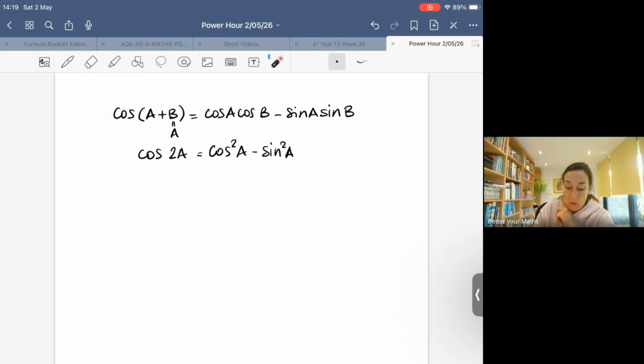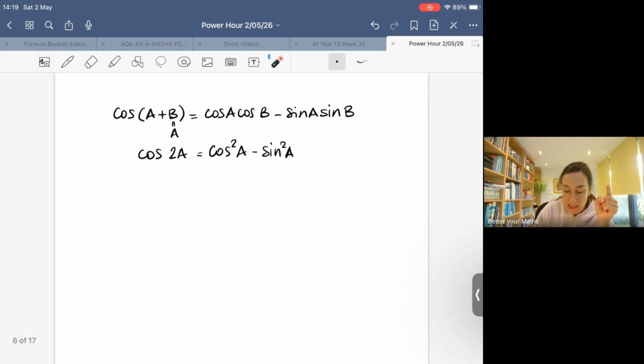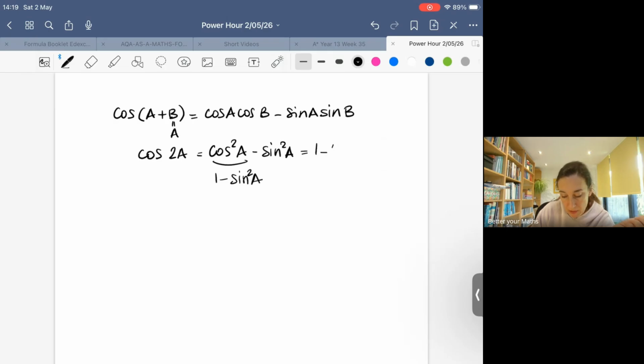So we need to write this cos 2 theta all in terms of sine. And I have cos squared minus sine squared. What I'm going to do? Write cos squared as 1 minus sine squared, and then we have it. Yeah, so this is 1 minus sine squared. So this is 1 minus 2 sine squared A. Yeah, that's the one that I'm going to use in my equation.